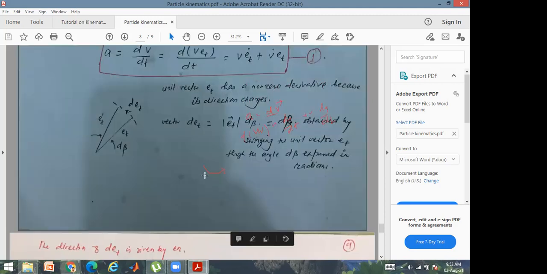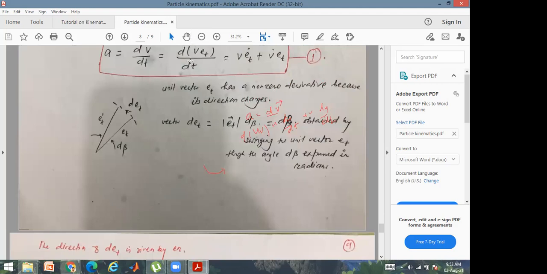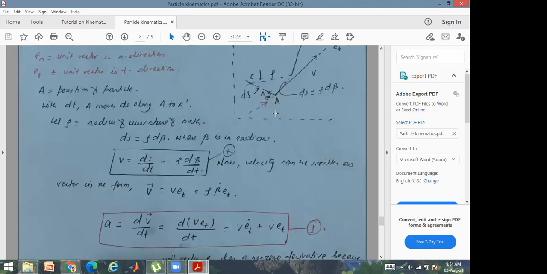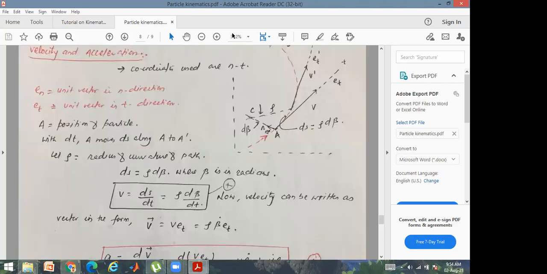अब हेर त, यहाँ हेर त this is our et and this is our change in et, so this is dβ and this angle will also be dβ.